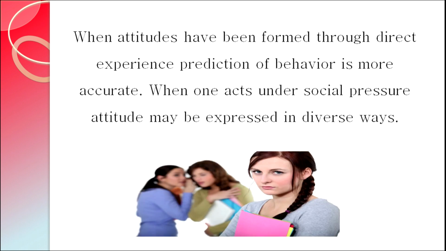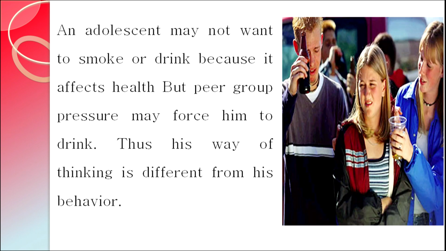When attitudes have been formed through direct experience, prediction of behavior is more accurate. When one acts under social pressure, attitude may be expressed in diverse ways. An adolescent may not want to smoke or drink because it affects health, but he does it under peer pressure. Thus, his way of thinking is different from his behavior.